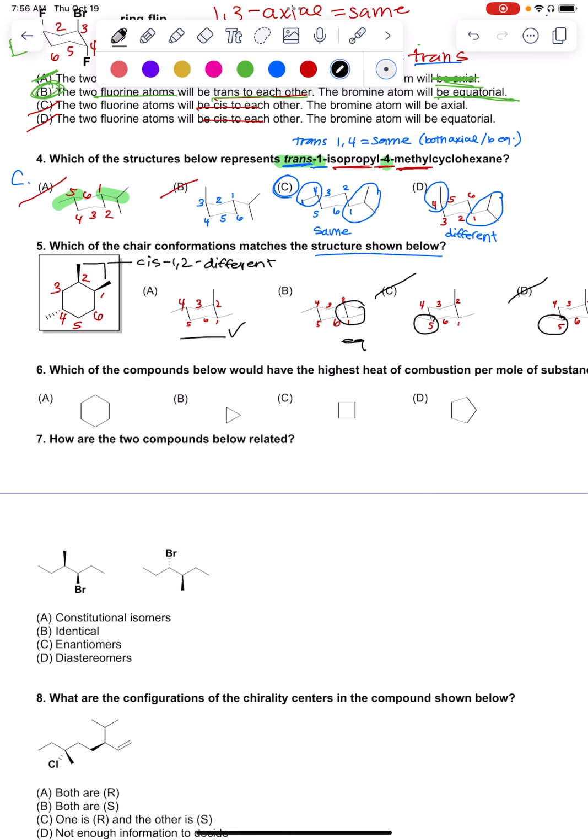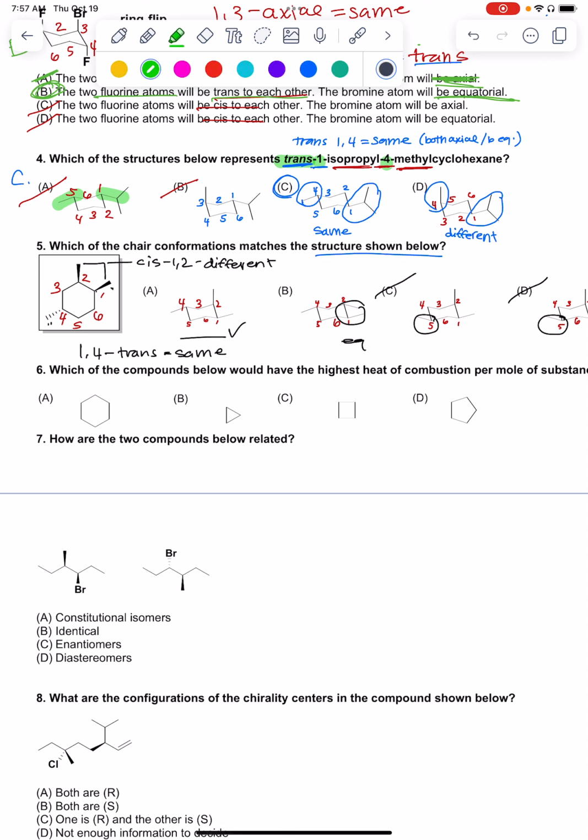But just to make sure, I'm going to check my 1, 4 or 2, 4 relationship. Let's go with 1 and 4. I'm more familiar with that relationship. So 1, 4, they're trans to each other. Trans, because one's dashed and one's wedged. So this means that if they're 1, 4 and they're trans, they've got to be the same.